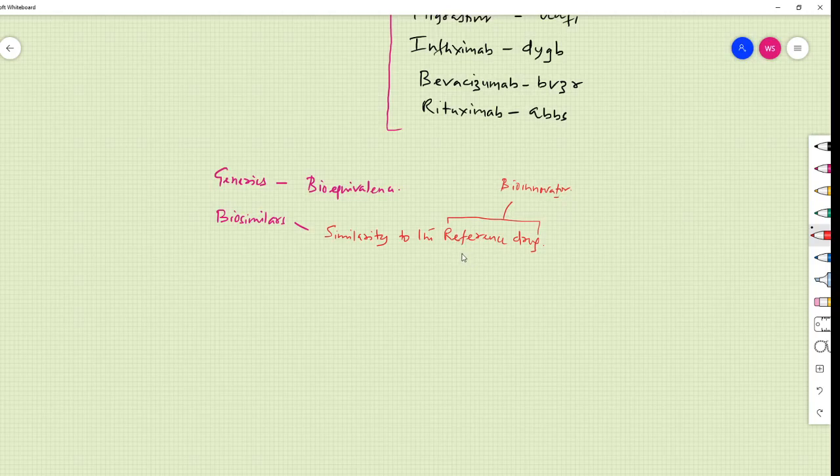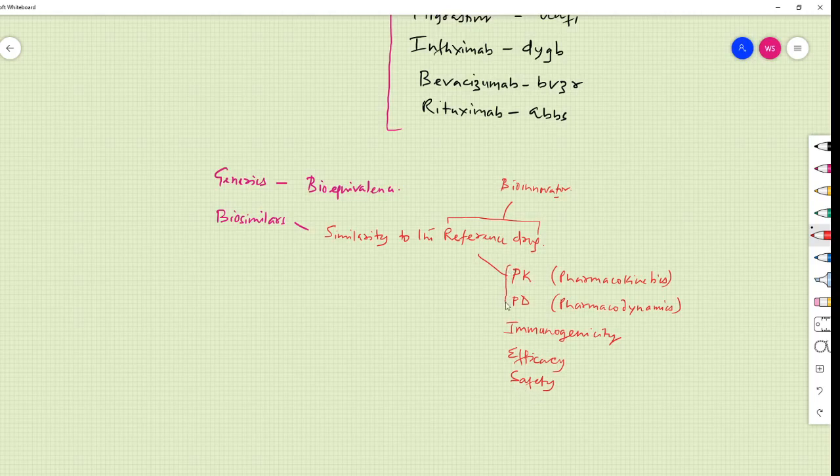Similarity to the reference drug in terms of pharmacokinetics, pharmacodynamics, immunogenicity, efficacy, and safety, with the bio-innovator or bio-originator drug.